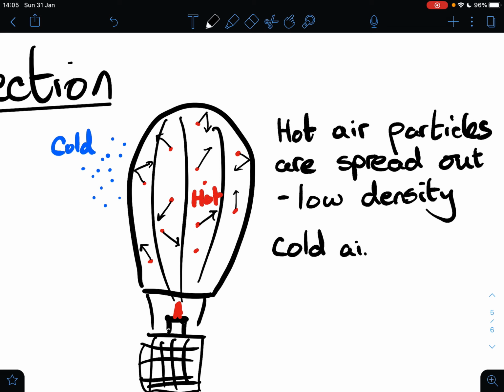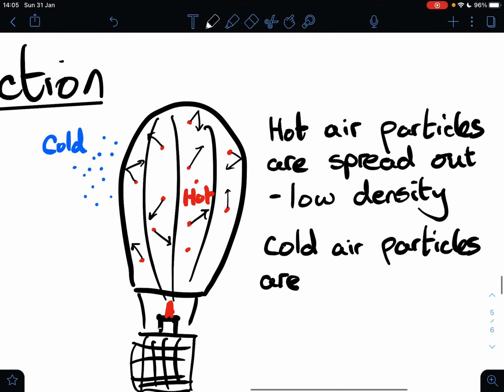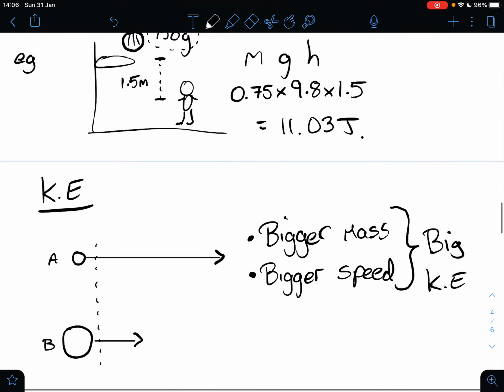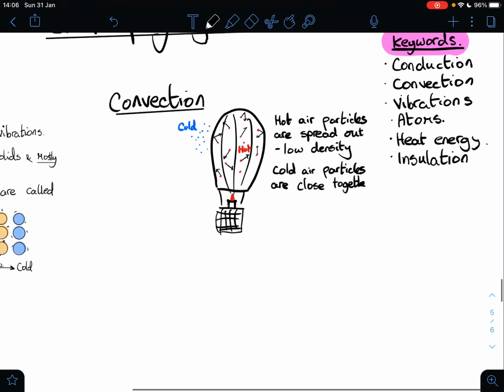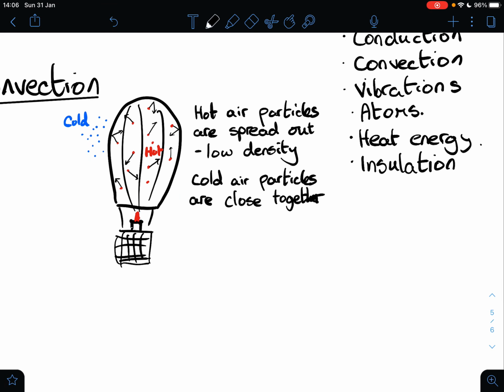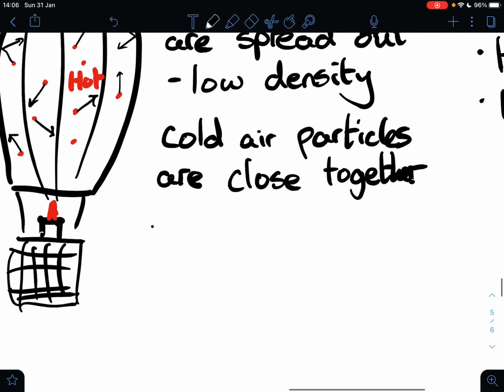So the cold air particles are, now look at them, close together. Close together. I wonder what we could describe as the density there. So, whoa, I hit the side. So here we can describe that as being high density.